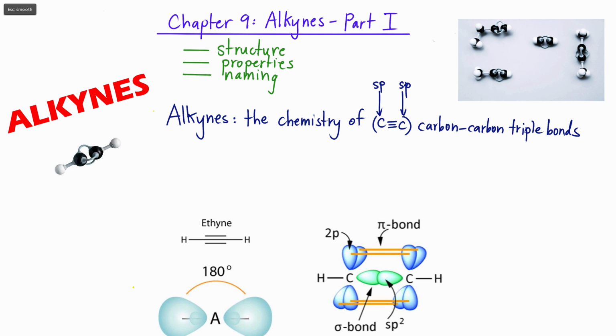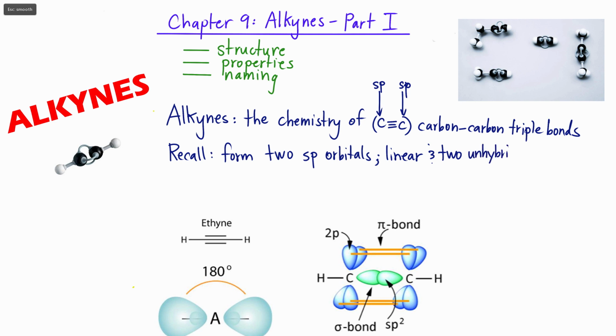Okay, now we're going to review as to how these bonds are formed. So, you recall from chapter 1, you form two sp orbitals, and those orbitals are linear. And you also form two unhybridized p orbitals.